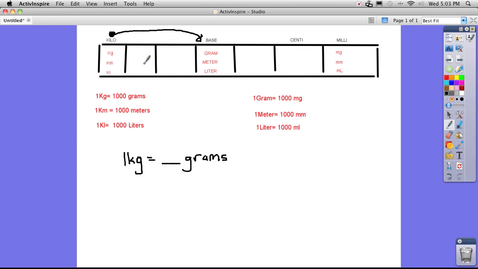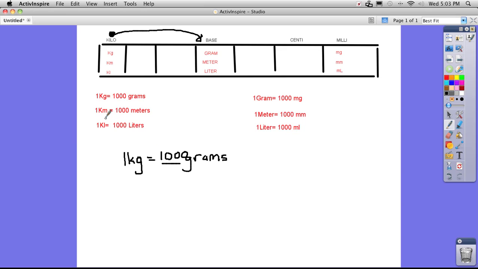We're taking 1, 2, and 3 steps. So basically, we took 1 and we've added 3 powers of 10. The real trick here is 1 with 3 zeros. So for every step you take across the metric system, 1, 2, 3, that's how many zeros you're going to put on that number. And that means that 1 kilogram is equal to 1,000 grams, okay?